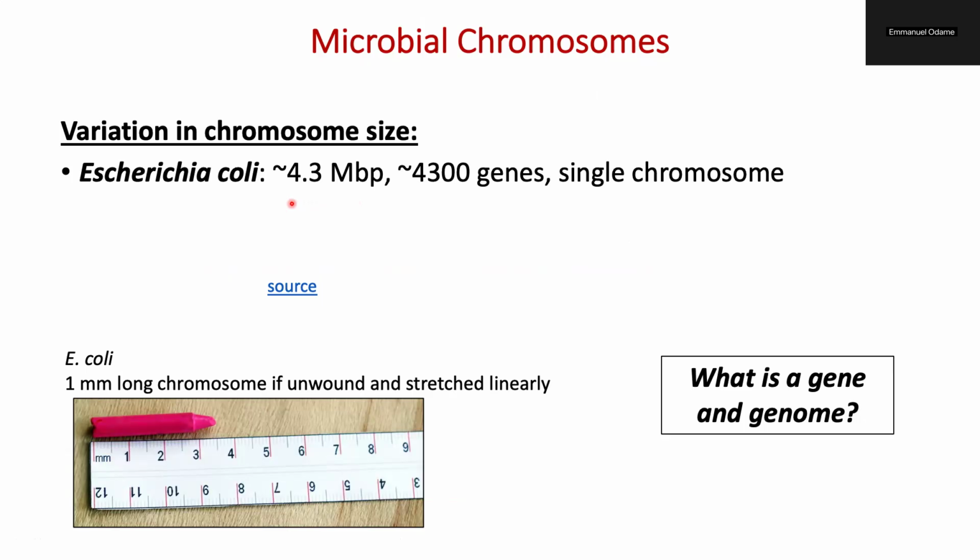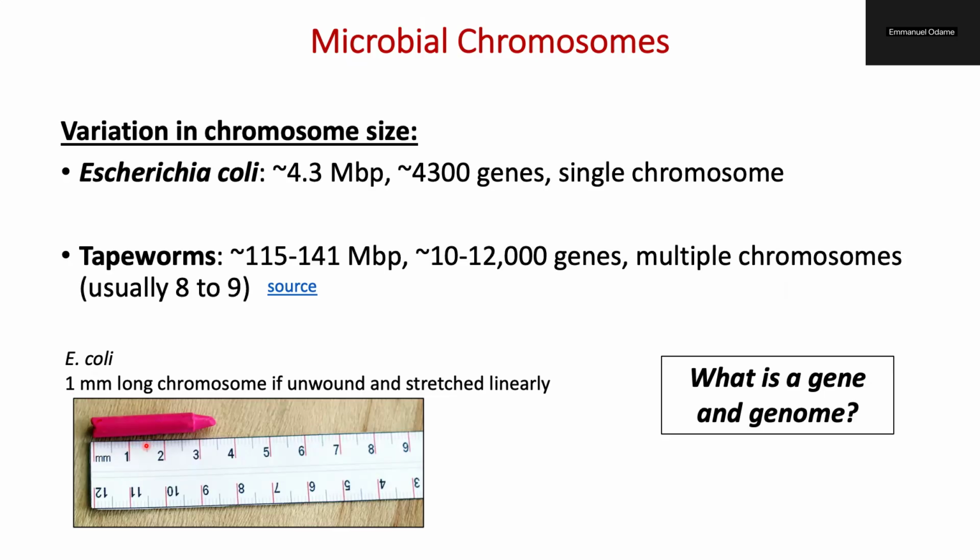From here, you can see it's about 1 millimeter long when the whole chromosome has been unwound and stretched out. Just imagine how much smaller it is when it's circular.